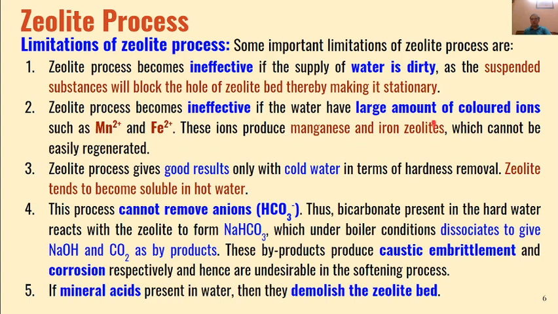These manganese and iron zeolites cannot be easily regenerated, so that is why our process will become ineffective. And the third thing is that this process gives good results only with cold water.